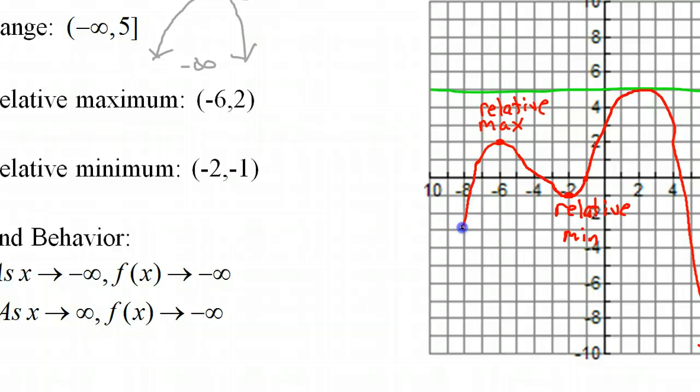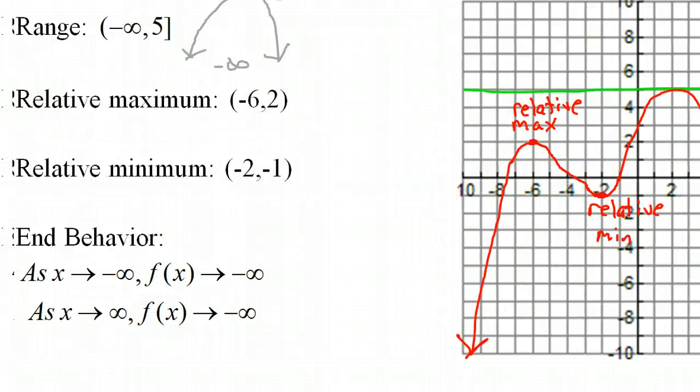So I could just go ahead and make this come on down. Okay, so far so good. The graph I've drawn has a range from -infinity to 5, just like we wanted. It has a relative maximum here at -6, 2. It has a relative minimum at -2, -1.